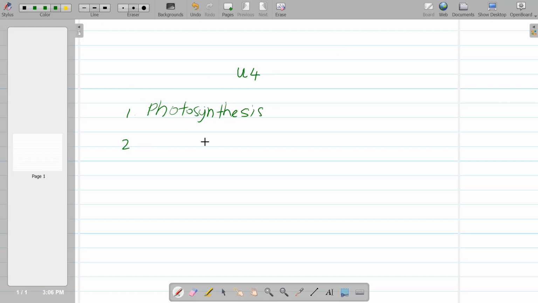Number 2, it's about ecology. And number 3, climate change. So these are the three important lessons we're going to learn in Unit 4.